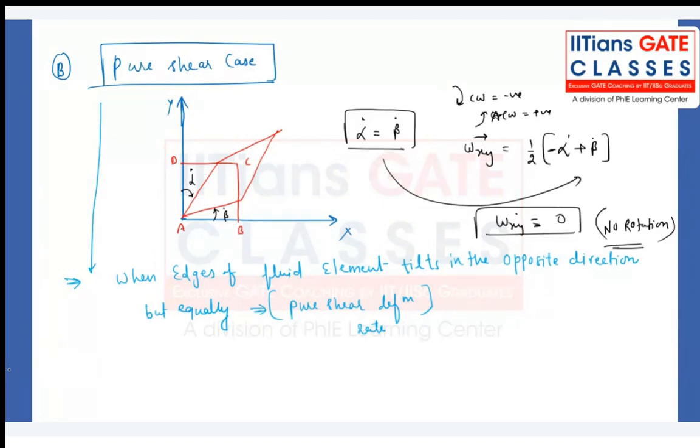Is it possible to call this pure shear case an irrotational flow? Irrotational flow means where omega is zero, there is no vorticity, because vorticity is 2 times omega. If this is zero, this will also be zero. So all the conditions point towards the irrotational case. But for an irrotational case, one more condition has to be there.